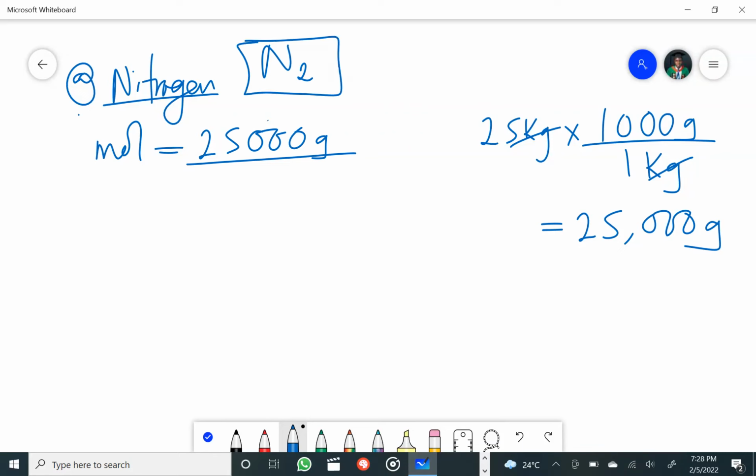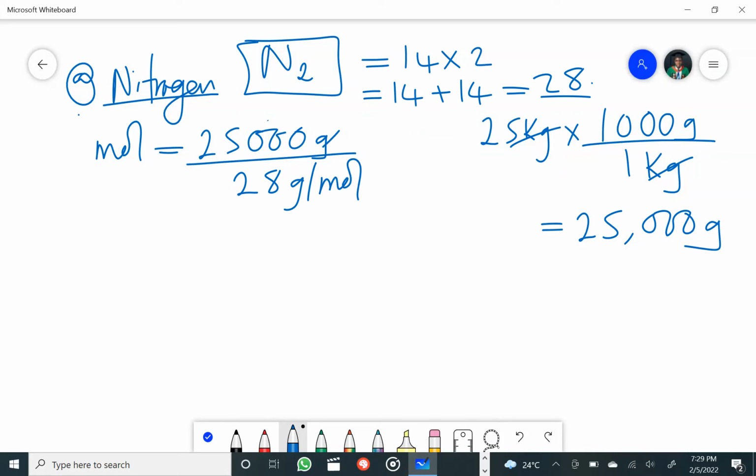So instead of writing 14, which we would write for normal nitrogen when it's alone, this one we're going to say 14 by 2, or much easier to remember, 14 plus 14, since there are two atoms of nitrogen. So it's going to be 28.